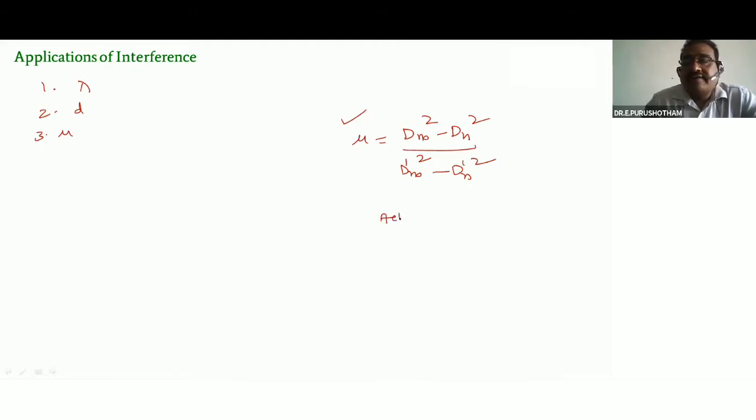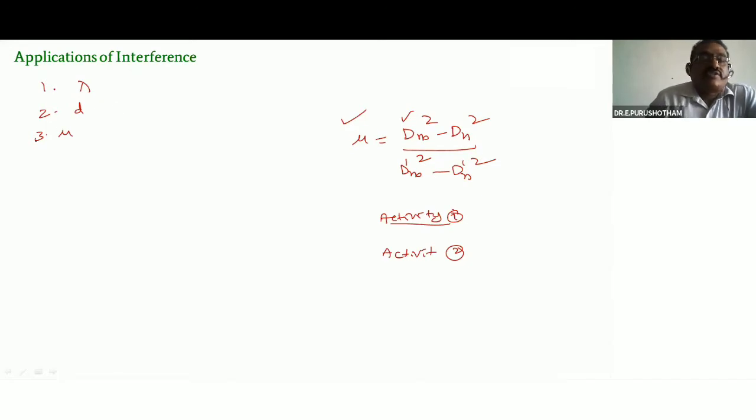I am giving activity 1 demonstration, and activity 2 demonstration. So this is mu. Mu is dn square minus dm square by dm square minus dn square over d dash m square minus d dash n square.